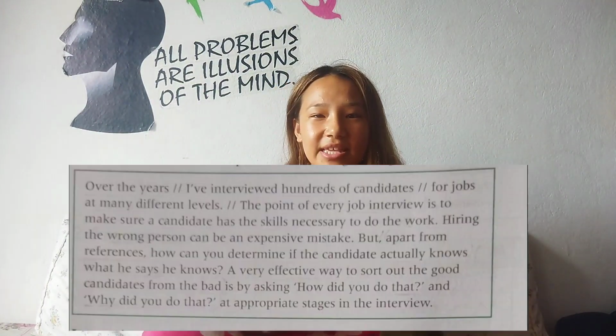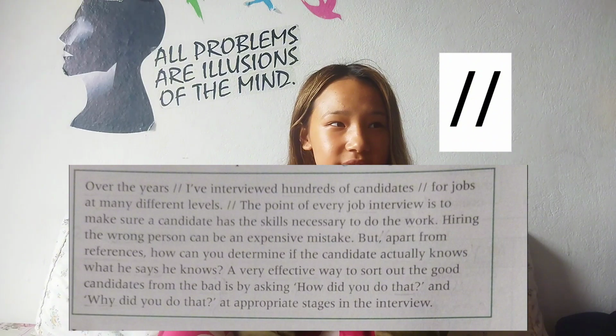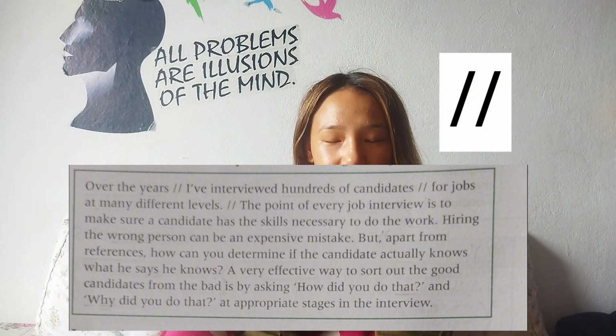Next, you can see these double slashes right after some phrases or sentences. What it's used for is basically chunking. Whenever the speaker has chunked, these slashes have been used.